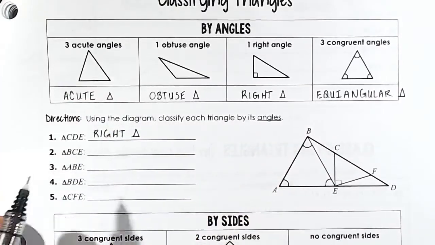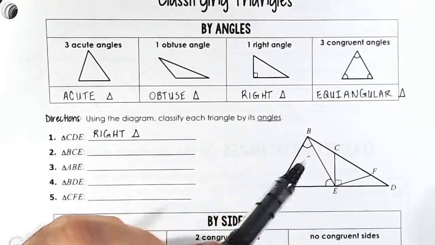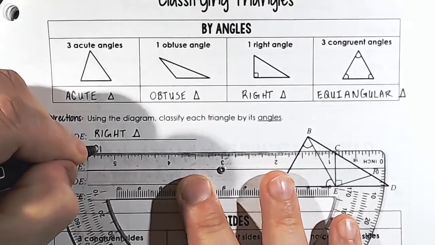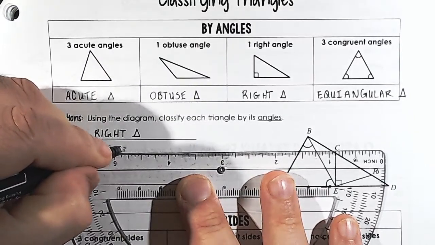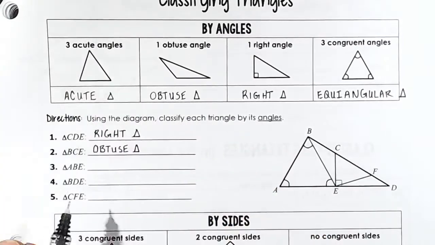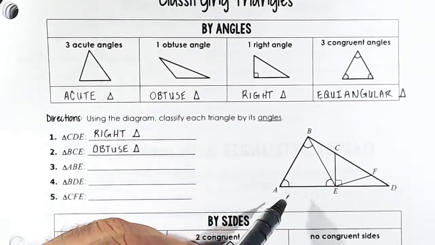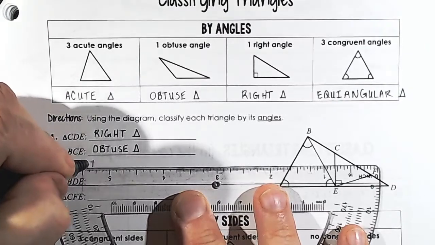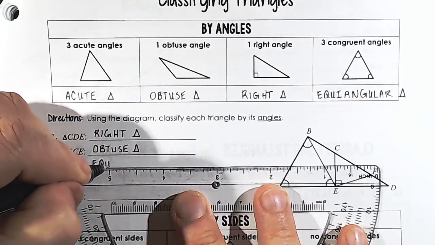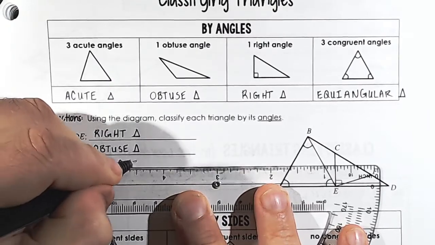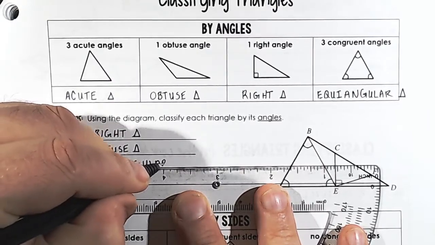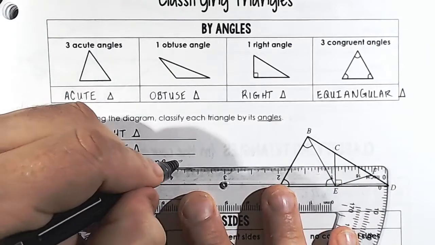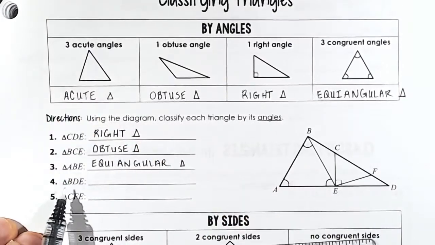Triangle BCE is an obtuse triangle. Triangle ABE, that is an equiangular triangle. And that's spelled E Q U I A N G U L A R, equiangular triangle.